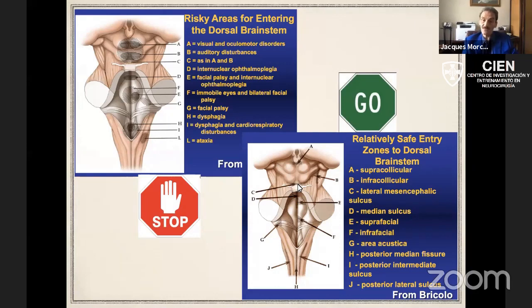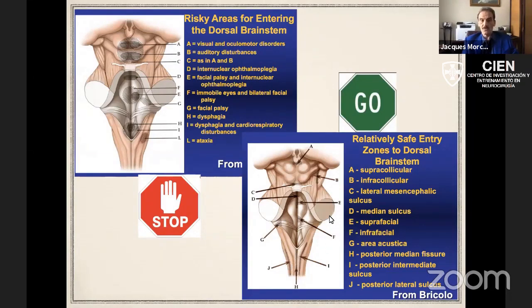Yes, you could do infracollicular, you could do supracollicular. I certainly used many times the suprafacial zone and the infrafacial zone after you've mapped the facial colliculus in the floor of the fourth ventricle, or a midline myelotomy between the gracilis nuclei.